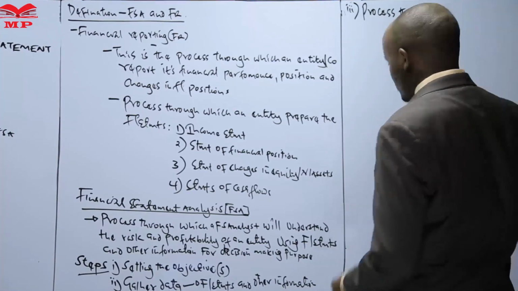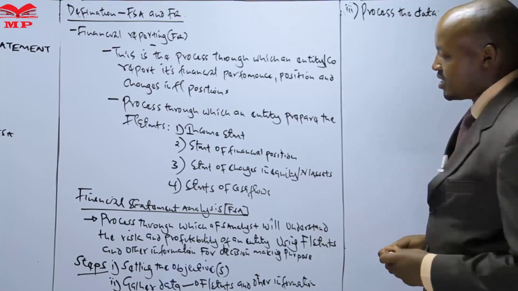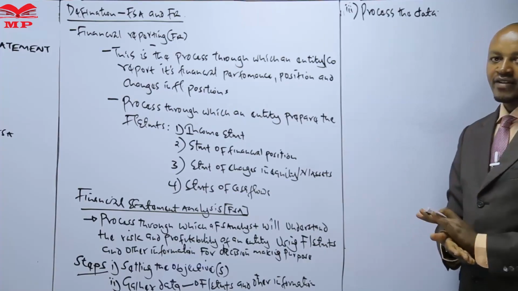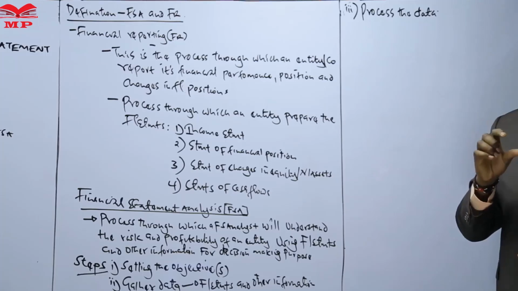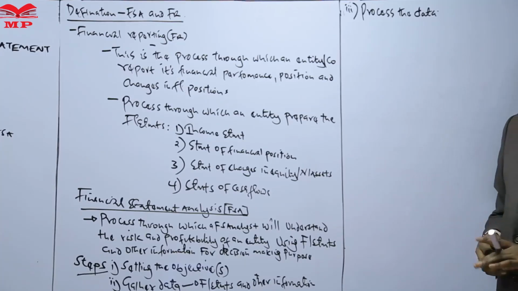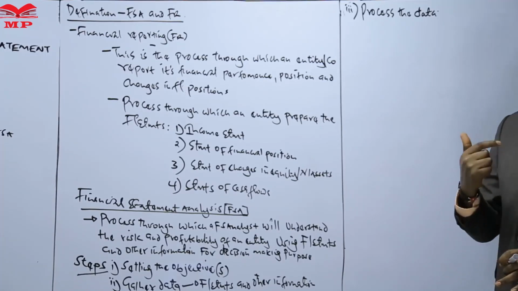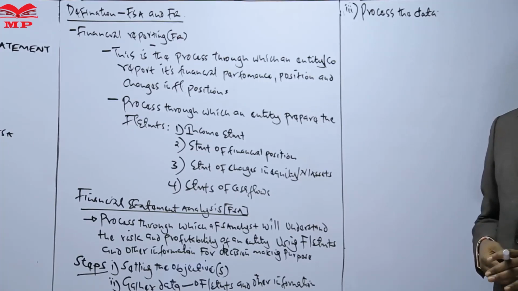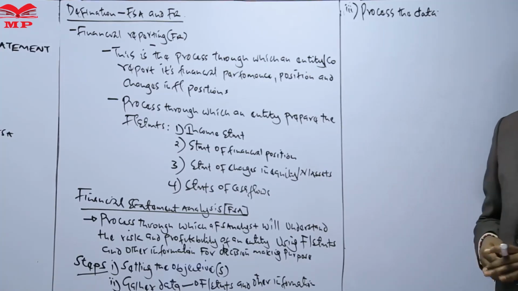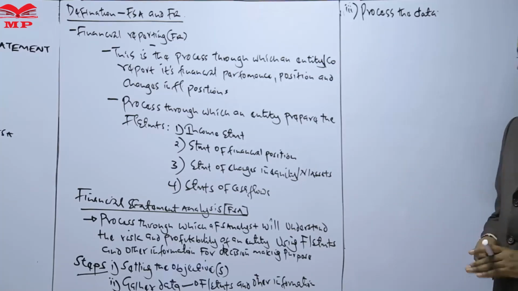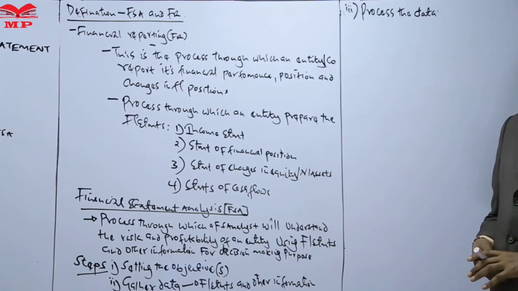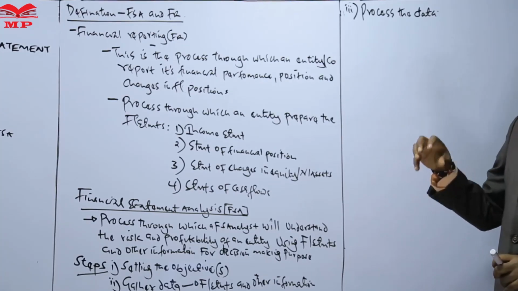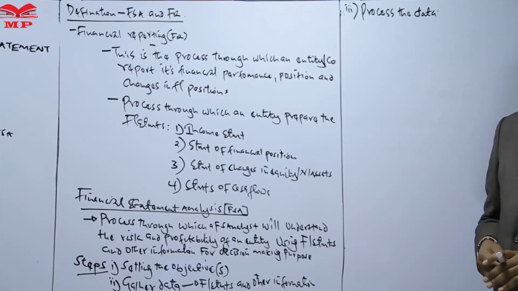When we talk about processing the data, this is where the financial statement analyst will be required to process that data using various tools and techniques, that is accounting tools and techniques, such as ratio analysis and common size analysis. We are going to look more at that later on. We'll use them to analyze the financial statements.